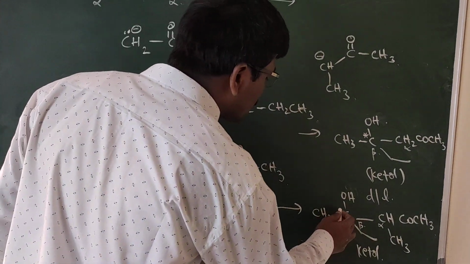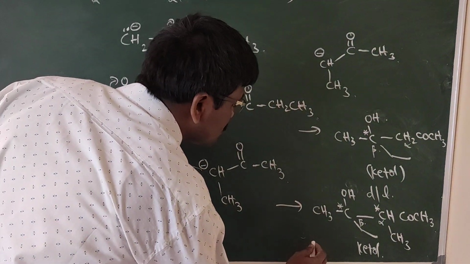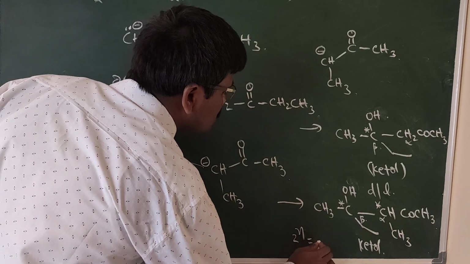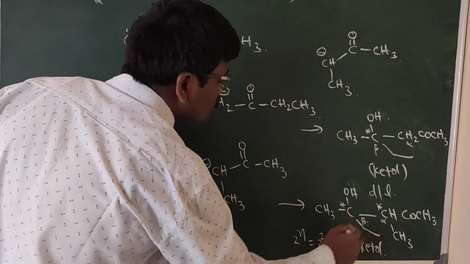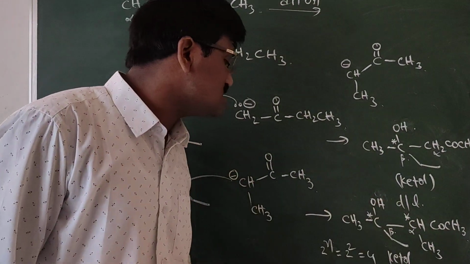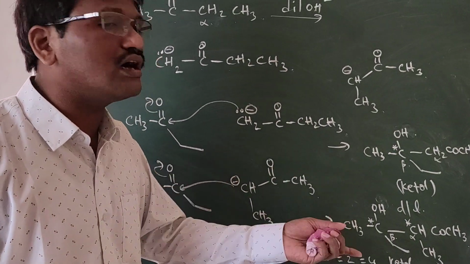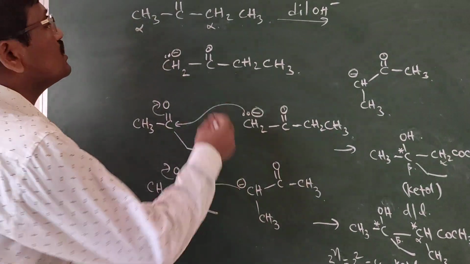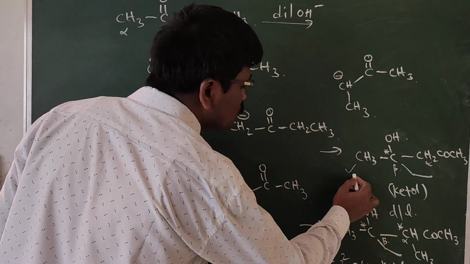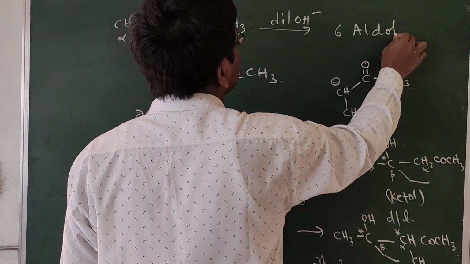In this there are two chiral carbons, this is one chiral carbon and this is another. So the total number of stereoisomers is 2 power 2, that is 4: R,R, R,S, S,R and S,S. So in this reaction the total number of aldols formed is 2 plus 4, that is 6. Six aldol products are formed in this reaction.